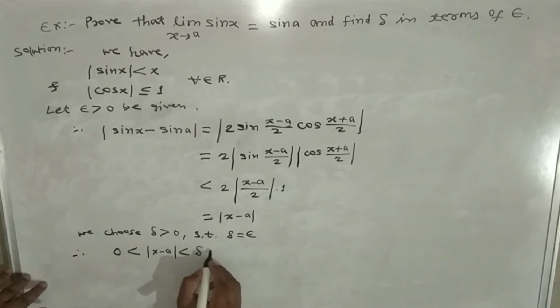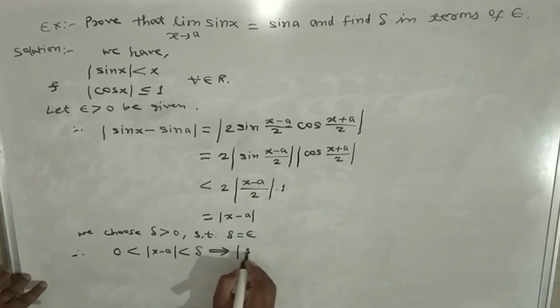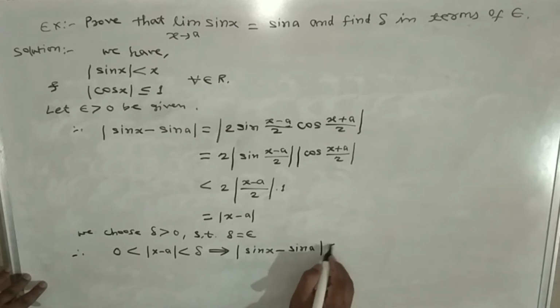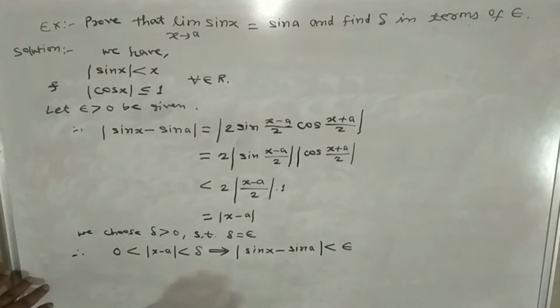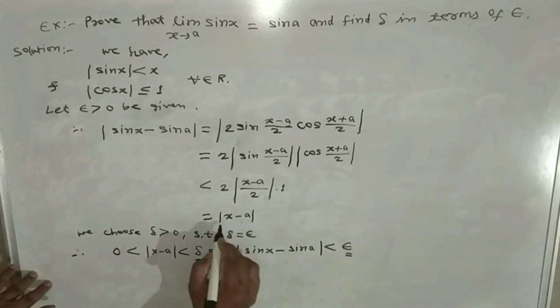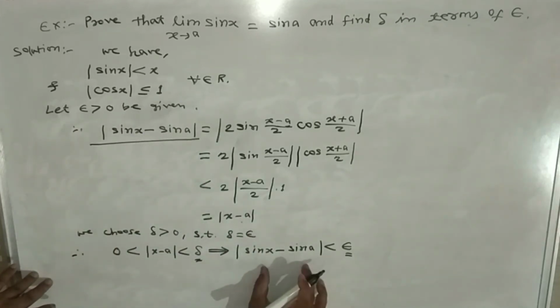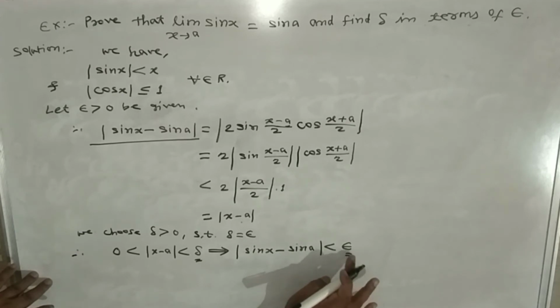This implies that mod of sin x minus sin a is strictly less than epsilon, because delta is equal to epsilon.